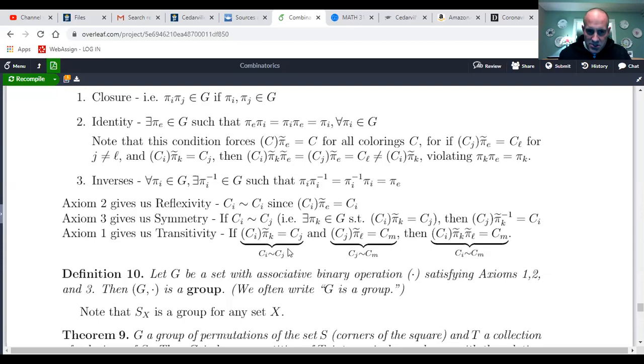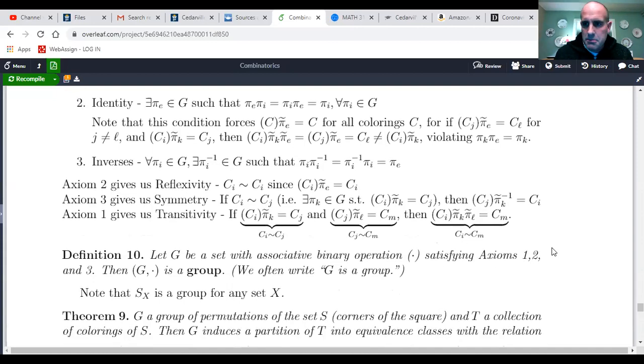So Ci equivalent to Cj and Cj equivalent to Cm implies that Ci is equivalent to Cm. Therefore, these group axioms actually turn this coloring relation into an equivalence relation. So we need all of these: closure, identity, existence of inverses, and really we need associativity as well.